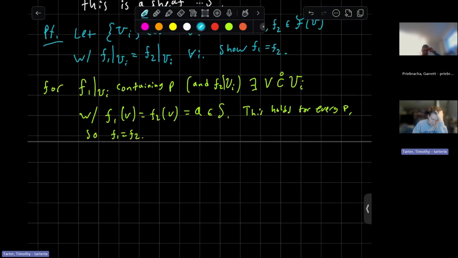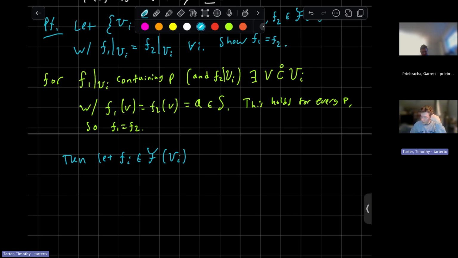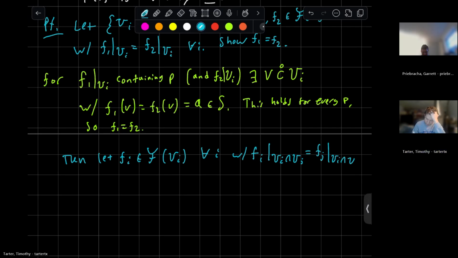Then for part two, for glueability, keeping the open cover, let Fi be in the section on UI for all I, with the restriction map of Fi equal to the restriction map of Fj for all I and j.